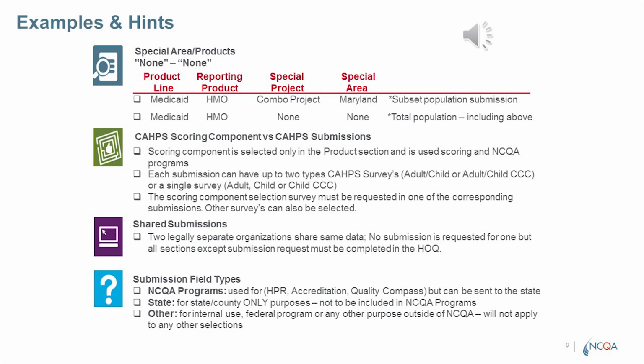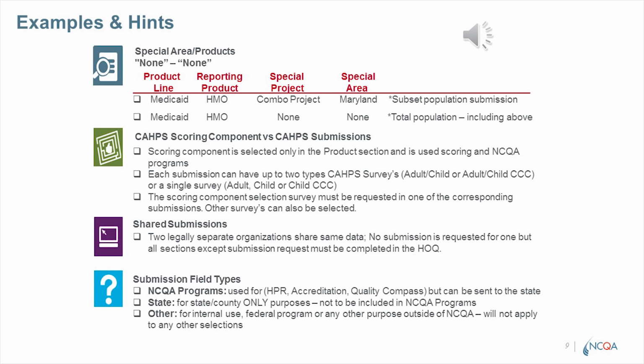For our shared submissions, basically this is two legally separate organizations that share data. One's going to submit the data and the other will not. So of course the one that's submitting the data will request the submission as usual. The organization that's sharing that data will not request any submissions, but their HOQ must be completed.